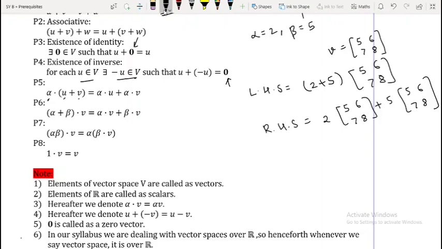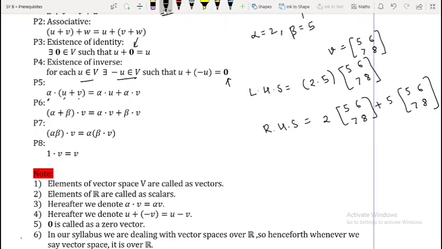Now coming to the seventh property. In the seventh property again alpha beta is involved and v is involved. So I will keep it as it is. What will be our left hand side? Left hand side will be 2 multiplied by 5, and our v is 5, 6, 7, 8.